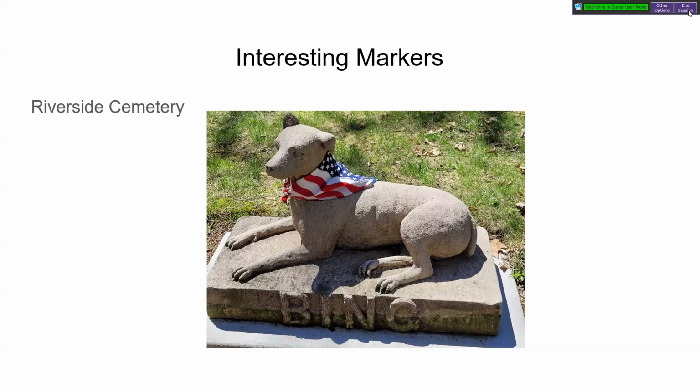So they got permission from Riverside to actually bury the dog here when he passed away. And it's funny, but if you go there, there's a different handkerchief or kerchief. Yeah, they change it out on a regular basis. At Christmas, it'll have a Christmas one. This is the one that's on there now, currently for Memorial Day. In the fall, it has a fall one. So somebody still takes care of this grave. It's pretty cool.